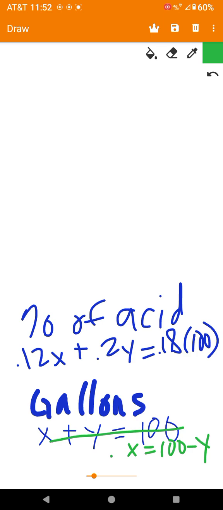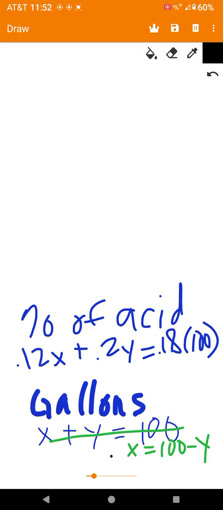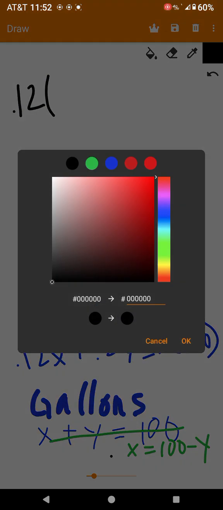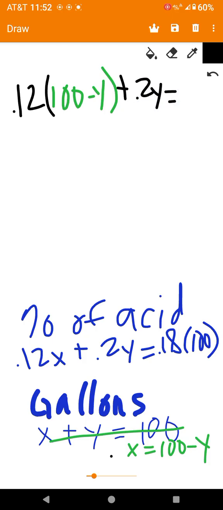All right, so now we'll go ahead and do substitution. So we have 0.12 times X, and X is 100 minus Y, so we'll plug that in. And then we have plus 0.2Y equals 0.18 times 100, which is going to be 18.